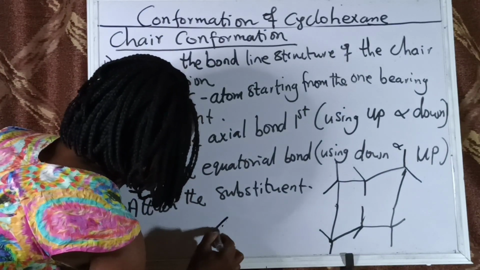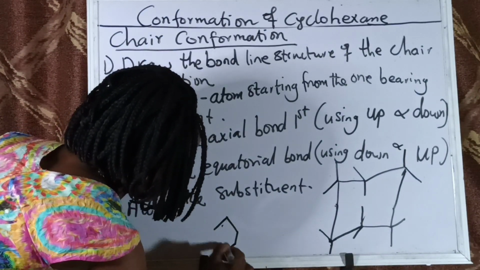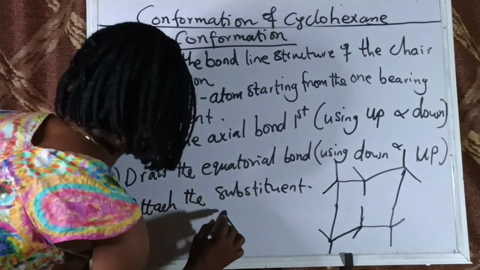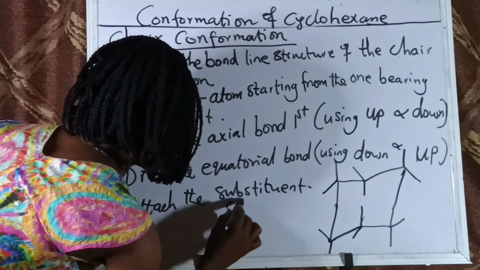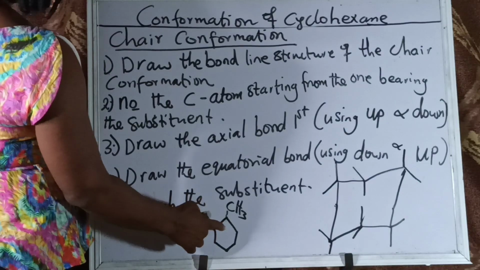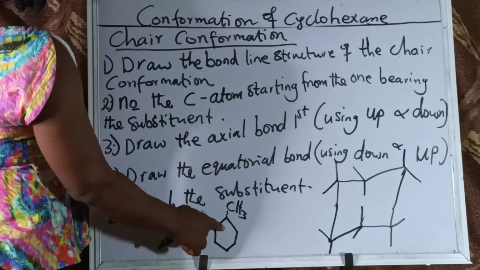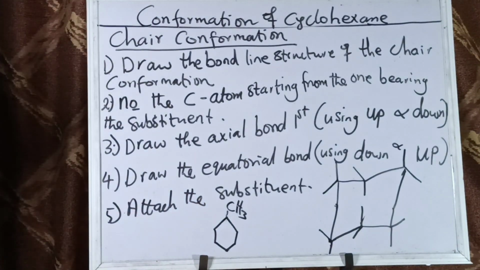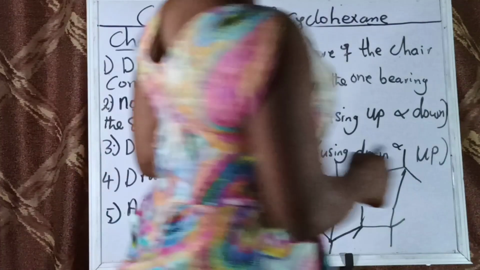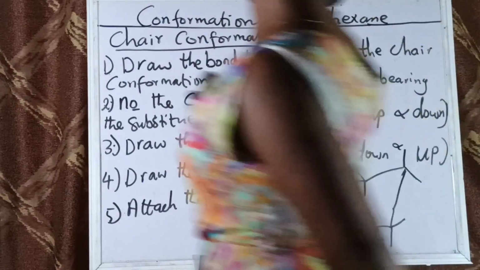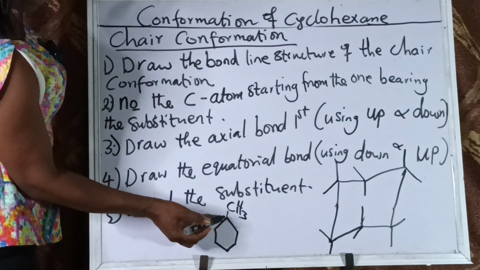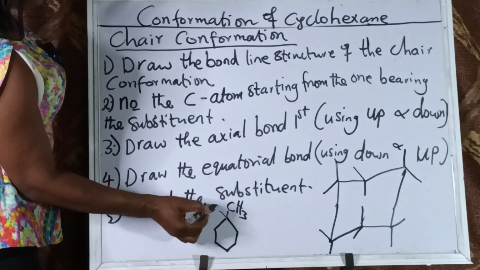This is the structure of hexane, then the methyl, here we have CH3, which is the methyl. Methyl cyclohexane. Now, in this case, I will start numbering the carbons here. Remember that this is methyl, and there is always hydrogen here.